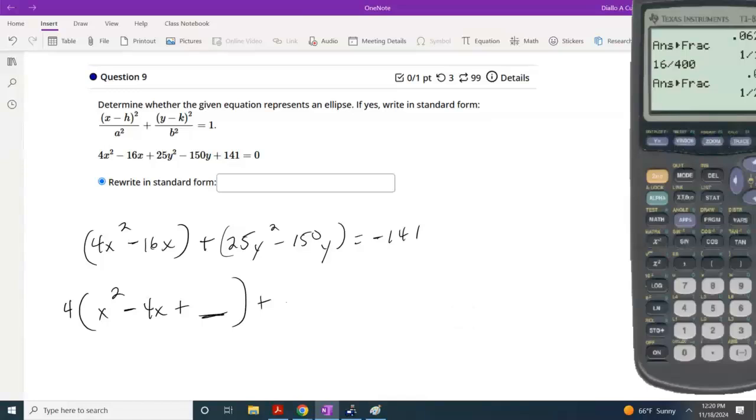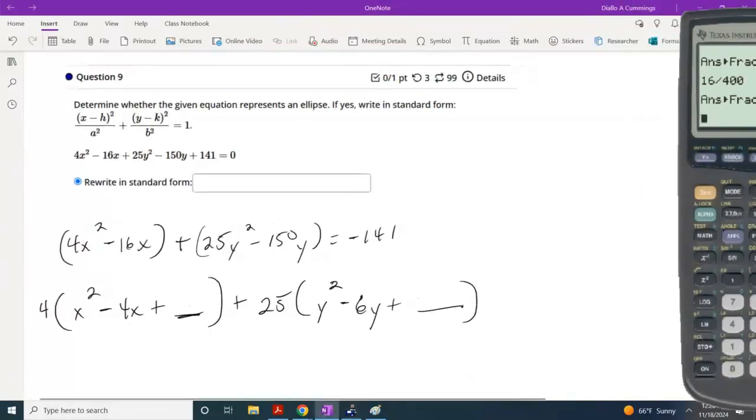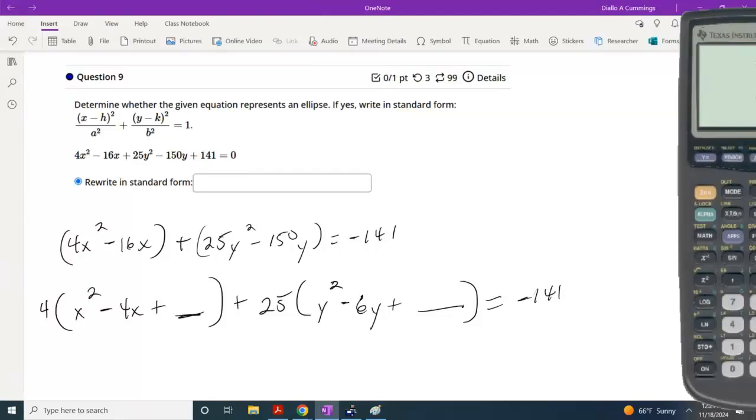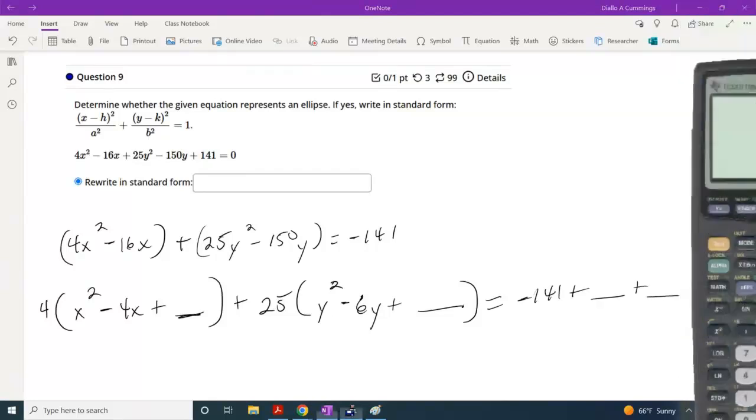I'm going to force it to a 1 by factoring out a 25. So on the inside of the parentheses, I'm left with y squared minus 6y plus blank. That's equal to negative 141 plus blank plus blank.